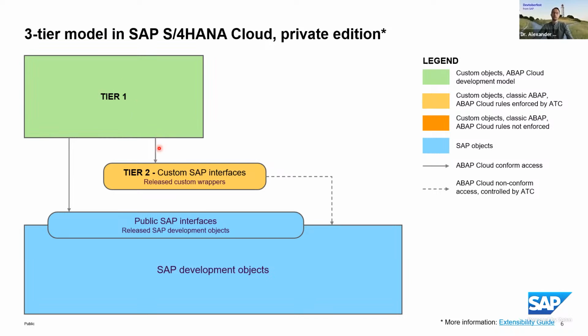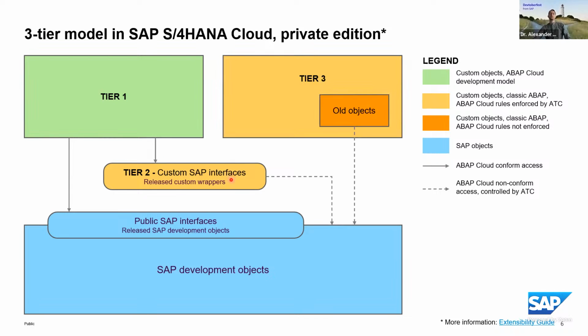And this access then is, of course, once again ABAP Cloud conform. That one is not, but this one is. Okay. And the good thing is that we have ABAP test cockpit checks around to make sure that you have control over these usages and also over the development of the wrapper itself.